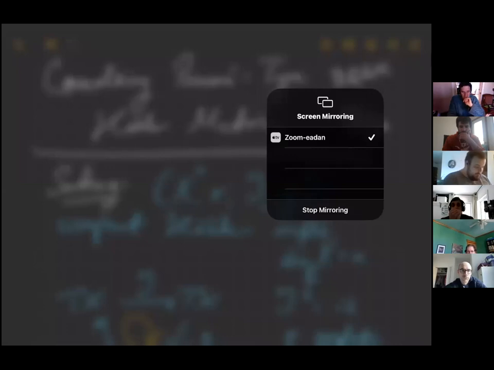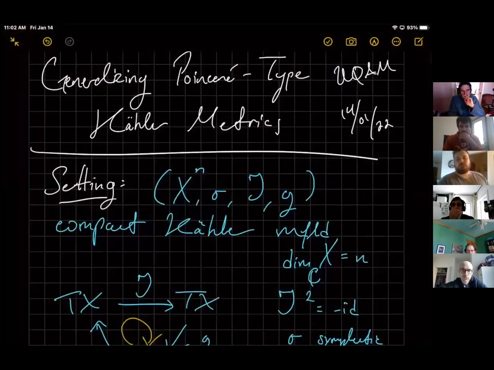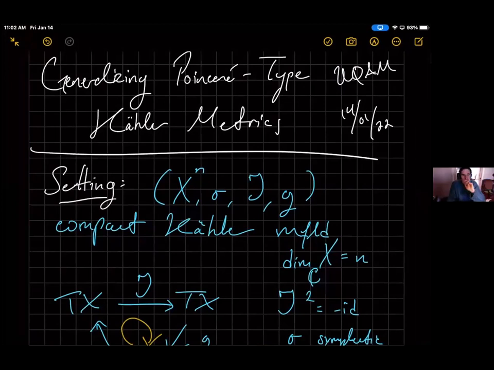So today I'll be discussing some recent work that I have done in terms of generalizing the notion of Kähler metrics with Poincaré-Type asymptotics along a divisor.